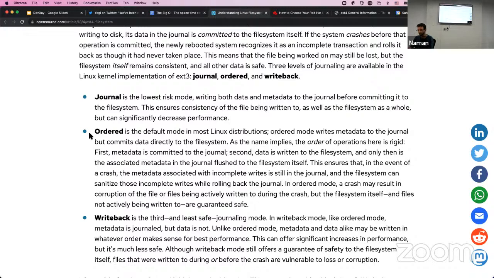However, in the second one, what they did was write only the metadata into the journal and then write the data into disk. And this is ordered, which means the metadata has to be committed to the journal first, and only after that can data be written to the disk. So that in case of a failure or anything, you will only lose this much data.